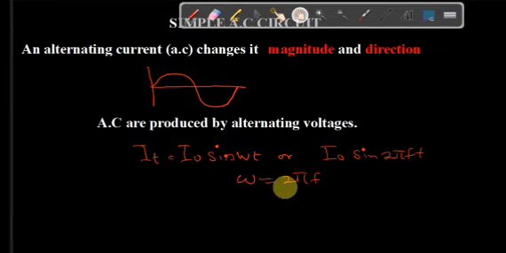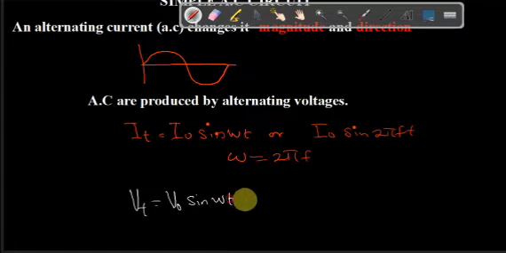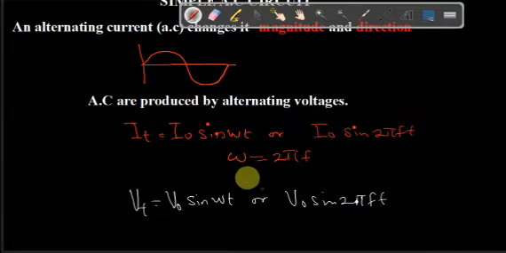We can also say this for the voltage. For the voltage, V(t), the instantaneous voltage, is equal to V naught sine omega t, or V naught sine 2 pi f t.